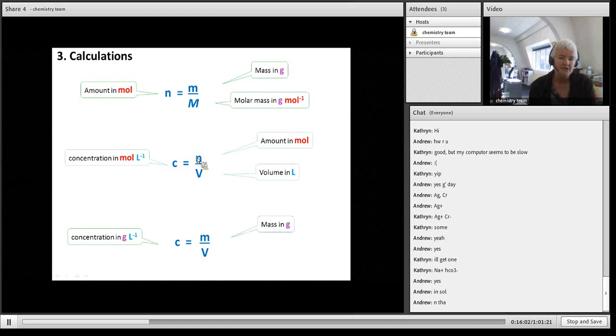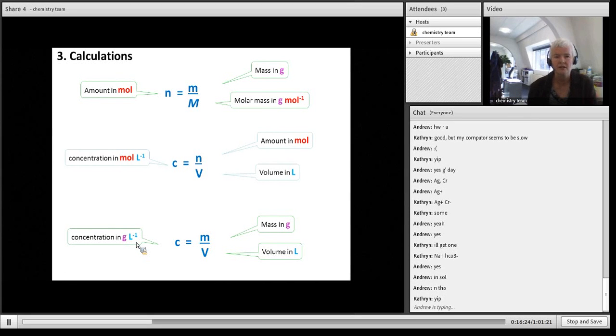So can you see how the units help to work out what formula you use? If it's grams per liter, I've got to have mass on top and volume at the bottom, because it's grams over liters. So do you think you'd be able to work that out? You'd be okay with that?